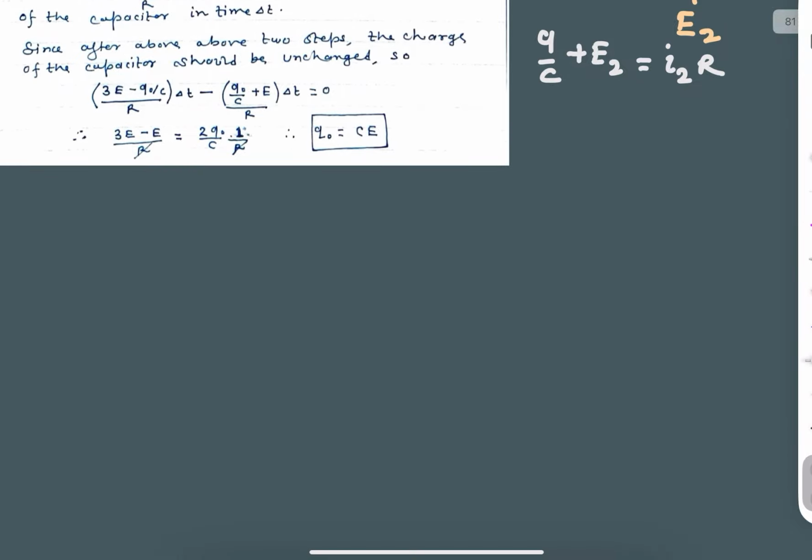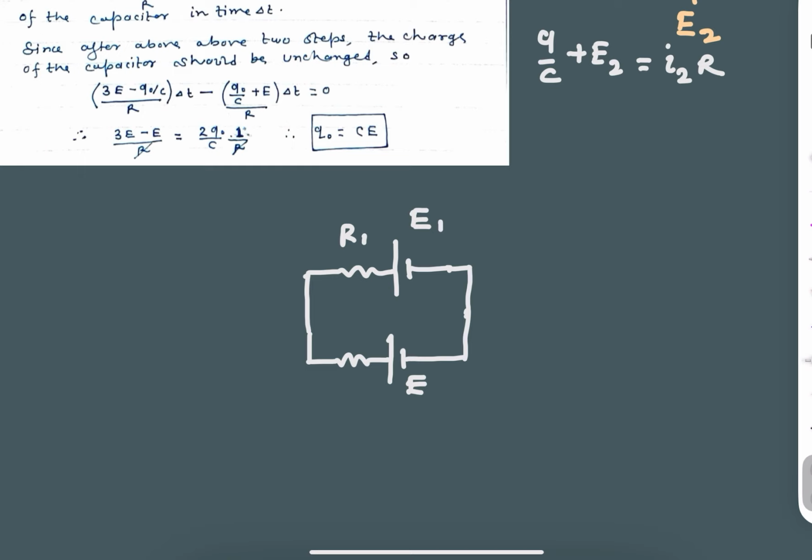First, let us recall that suppose you are given two cells of EMF E1 and say resistance in this branch is R1, which may be the internal resistance of the cells also. And we have another cell and resistance like this. So this is R2.